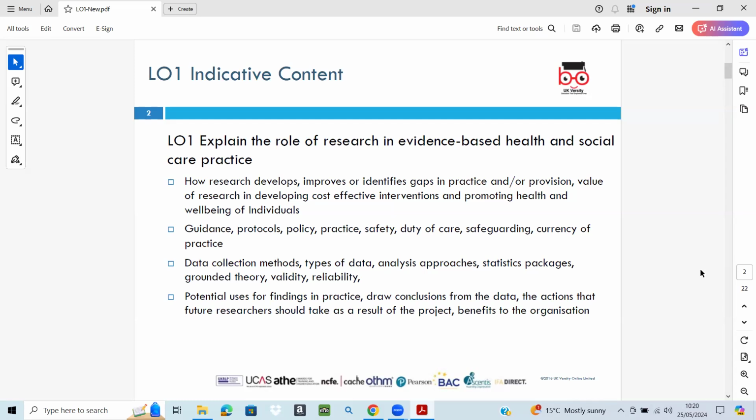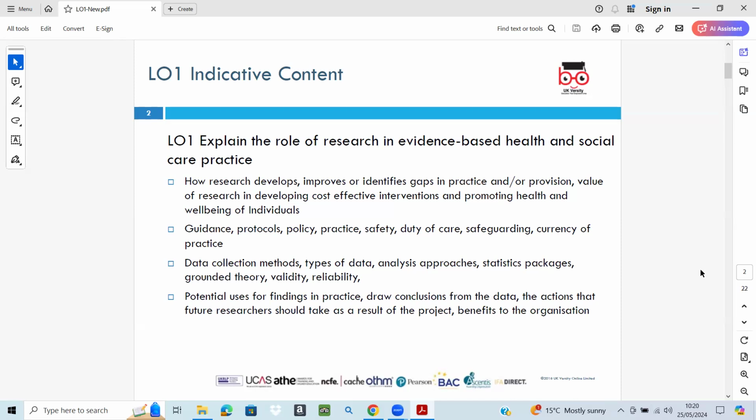Example is using SPSS to analyze data from a large-scale health survey. Then we have grounded theory, a qualitative research method for developing theories based on data collected. Example is using grounded theory to understand how service users or patients cope with long-term illness.